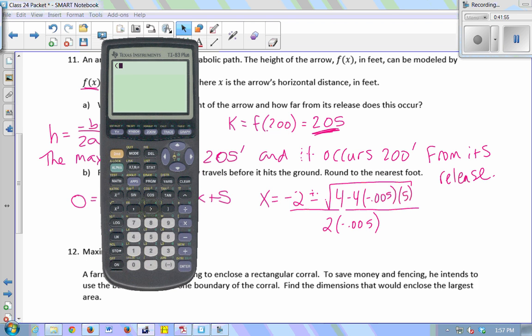Negative 2 plus the square root of 4 minus 4 times negative 0.005 times 5, divided by negative 0.01. So negative 2.48, that's a negative distance, so that doesn't make any sense. So it's got to be the negative 2 minus. 402.48 feet. That makes sense. A little bit more than 400 feet.